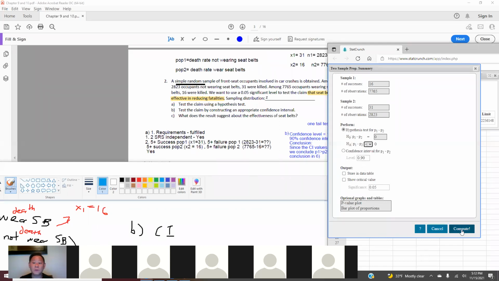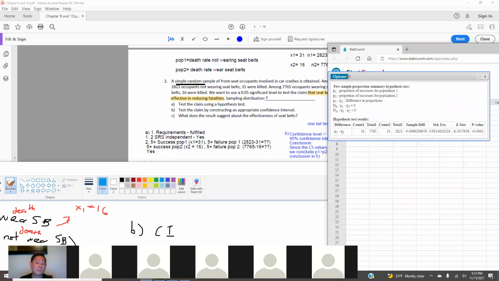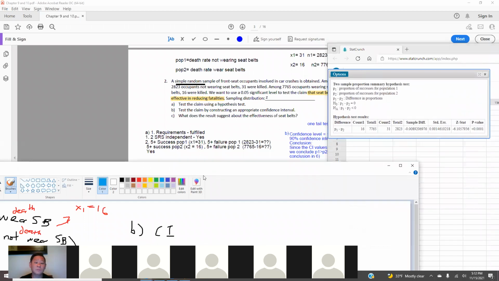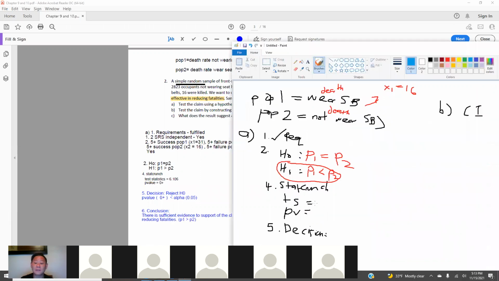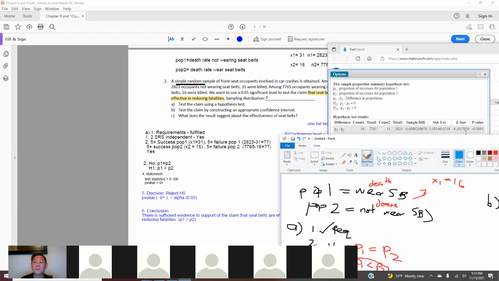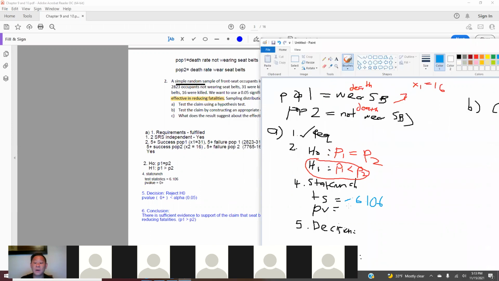So when you hit compute, what do you see here? What changed? The Z star. Your test statistic used to be positive. Now what happens to your test statistic? It becomes negative, and it's exactly the same, negative 6.106. But your p-value is still what? 0 plus.